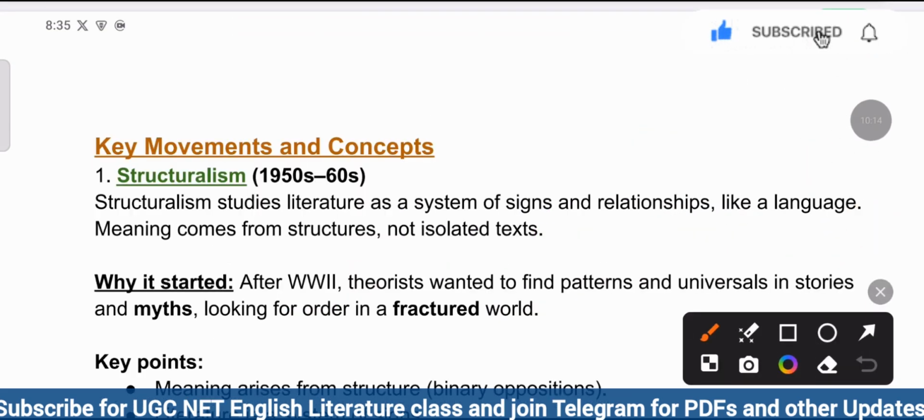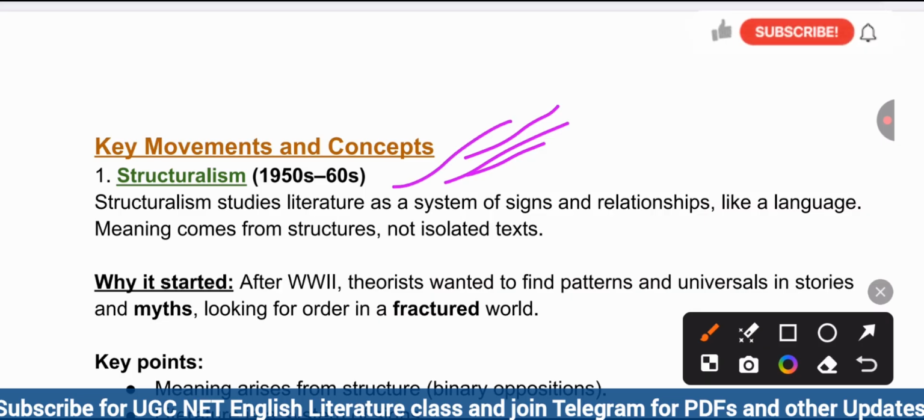Here, after going through the time periods of literary theories, we will analyze the key movements that started and the concepts introduced in these literary theory movements. Okay, so structuralism, 1950s to 60s.